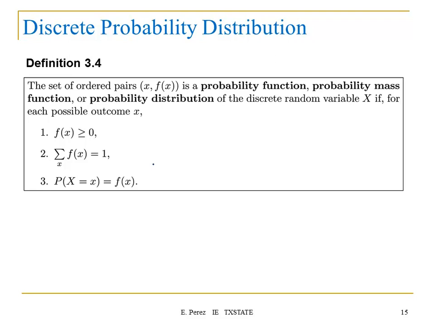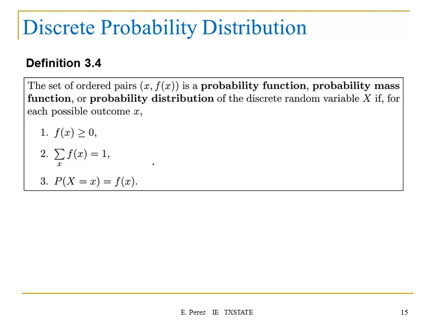And why is that? Yes, correct. The summation of the probability needs to be equal to 1. If you have a summation that is greater than 1, you're doing something wrong. Okay, so that's something that you can use for verification purposes.